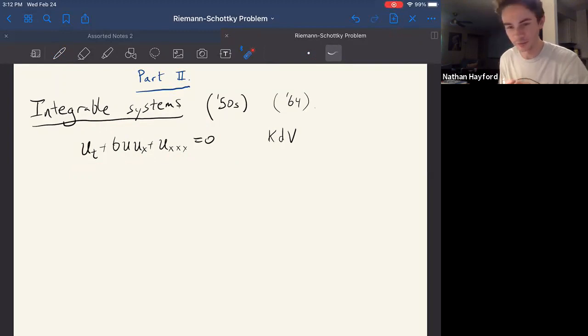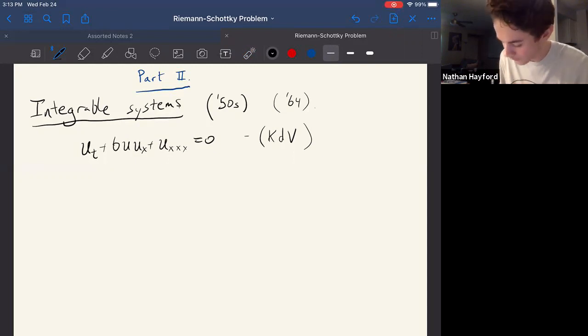It's an interesting enough equation in its own right, but as a fluid mechanics system, it's just another equation in a long list of equations in fluid dynamics. So what makes this one so distinguished compared to other fluid mechanics equations? Well, the distinguishing factor is this formulation of KdV as a compatibility condition of two linear operators.